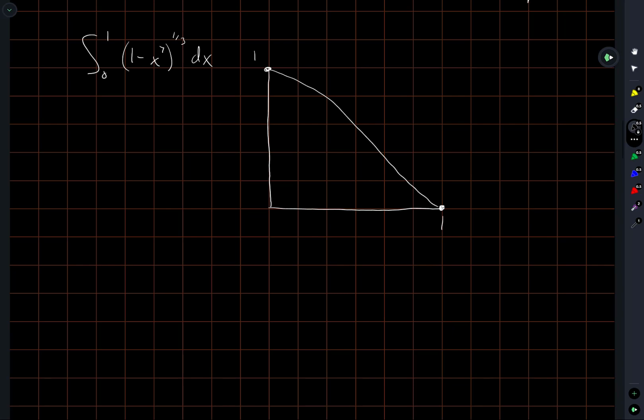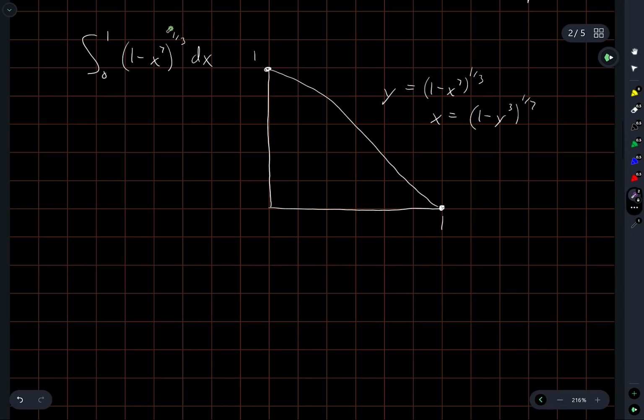Now, if I write the relation between x and y, this curve is represented by y equals 1 minus x to the 7 to the power of 1 over 3, which is equivalent to x is equal to 1 minus y cubed to the power of 1 over 7.